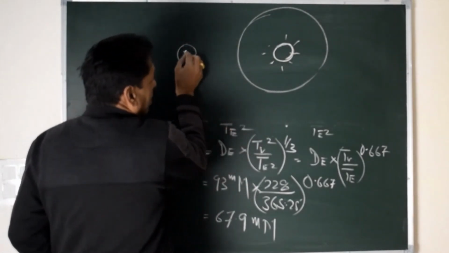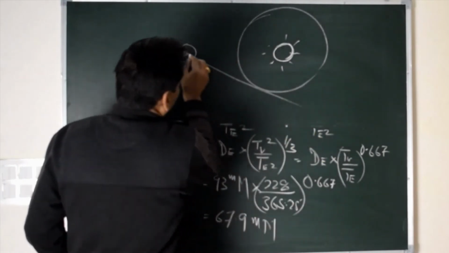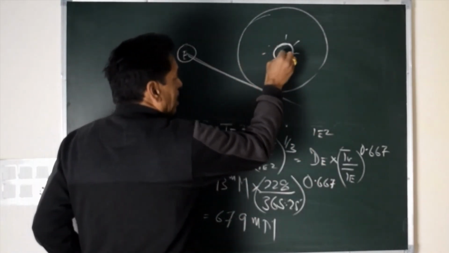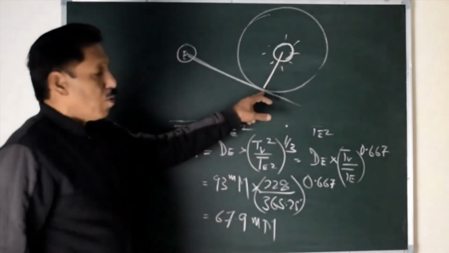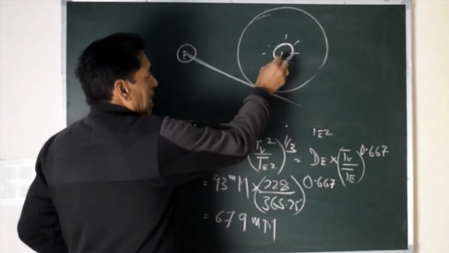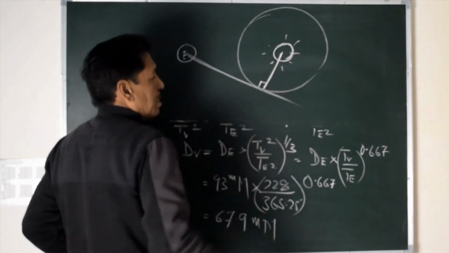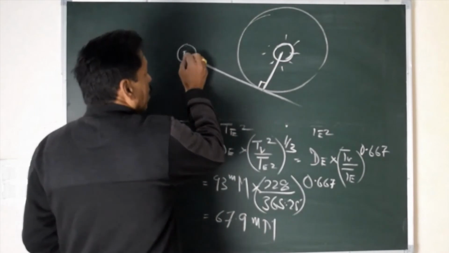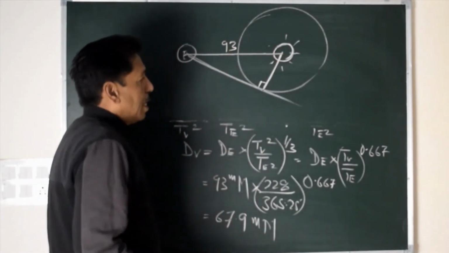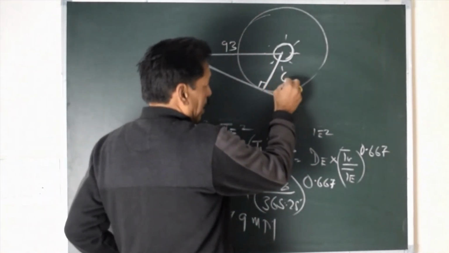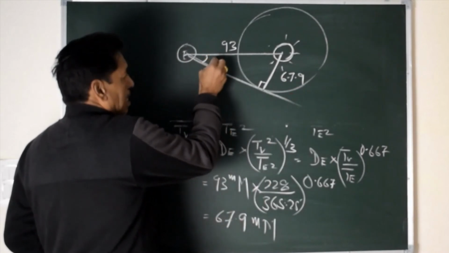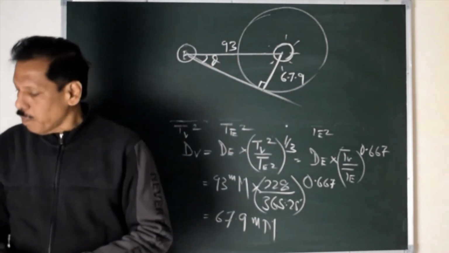If I am looking at Venus at its maximum elongation, then at the particular radius at which maximum elongation occurs, the angle between the radius and this tangent is 90 degrees. If I know this distance as 93 million miles, and this distance as 67.9 million miles, I can find out this angle, which is the angle of maximum elongation.